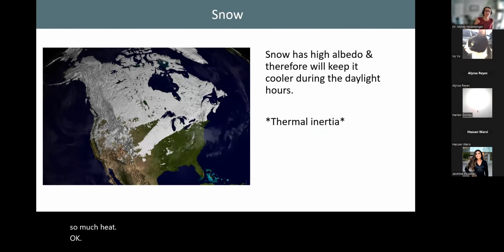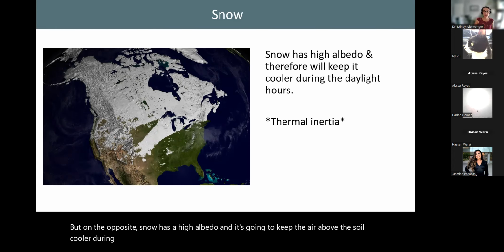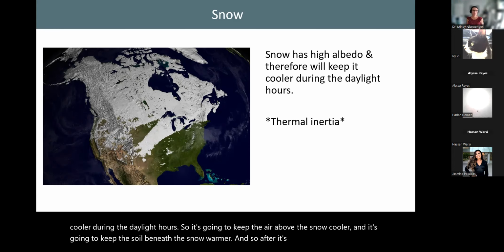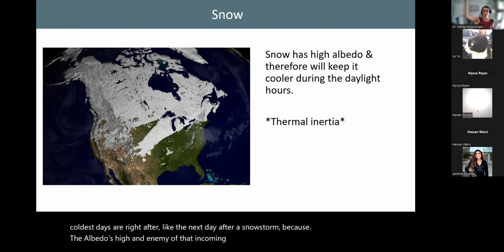But on the opposite, snow has a high albedo and it's going to keep the air above the soil cooler during the daylight hours. So it's going to keep the air above the snow cooler, and it's going to keep the soil beneath the snow warmer. And so after it snows, sometimes the coldest days are right after, like the next day after a snowstorm, because the albedo's high and any of that incoming sunlight gets pretty much reflected back.